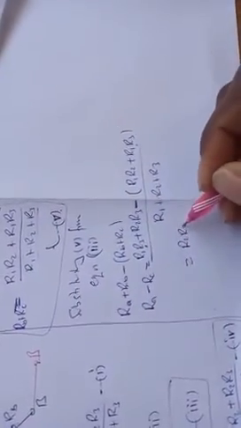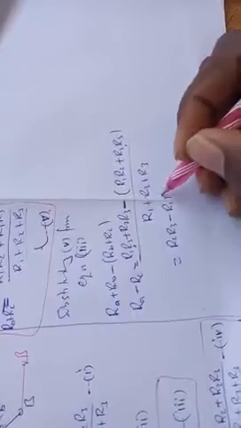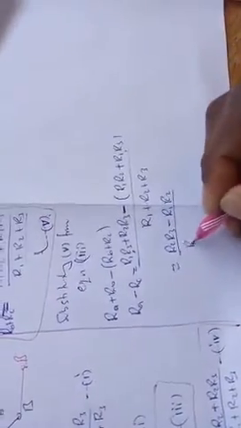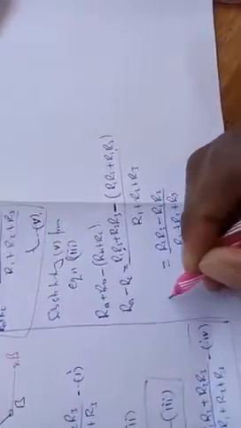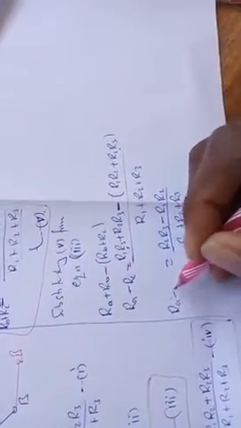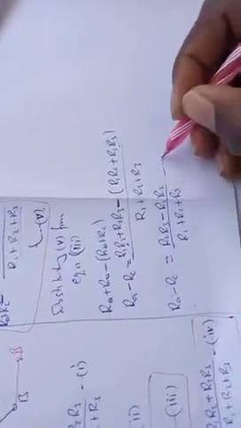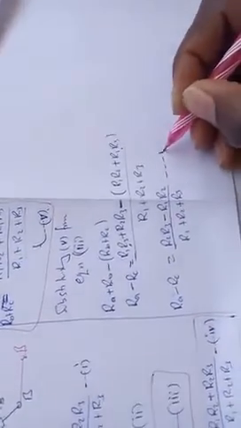So I will just remain with R2 R3 minus R1 R3 over R1 plus R2 plus R3. Like that is, I can say, equation 6.